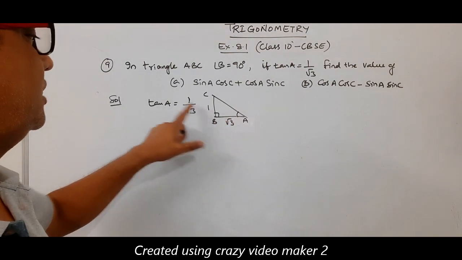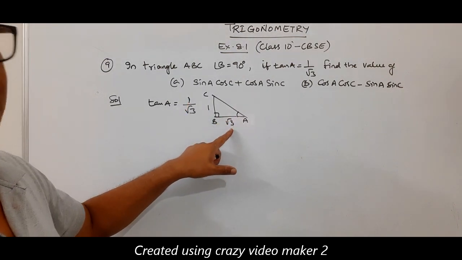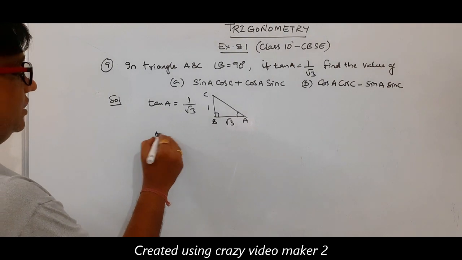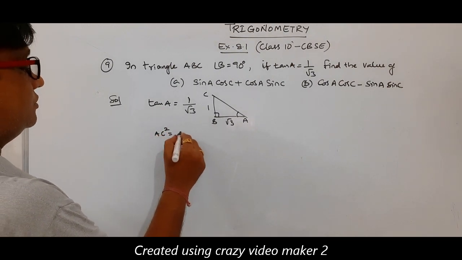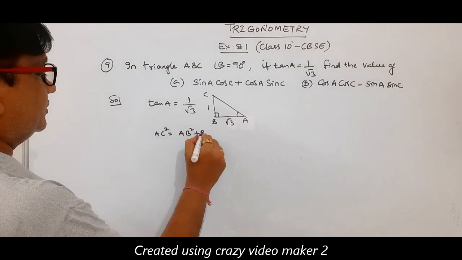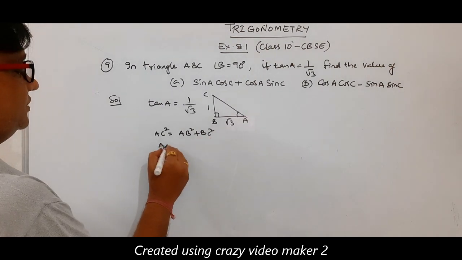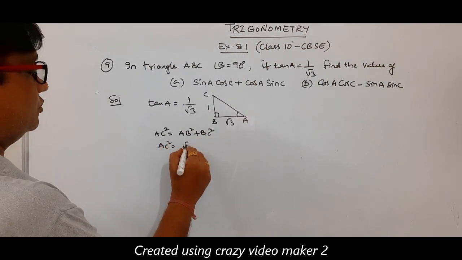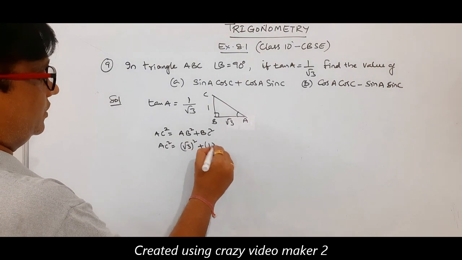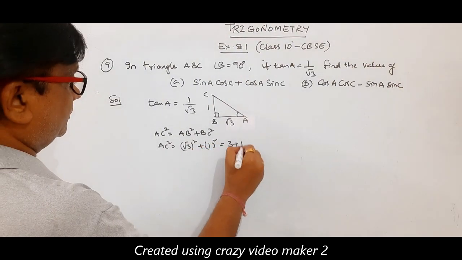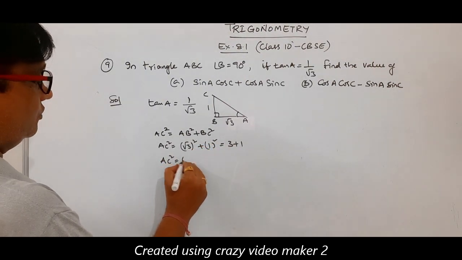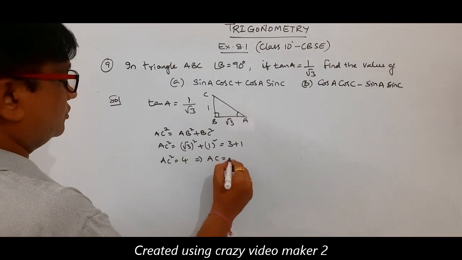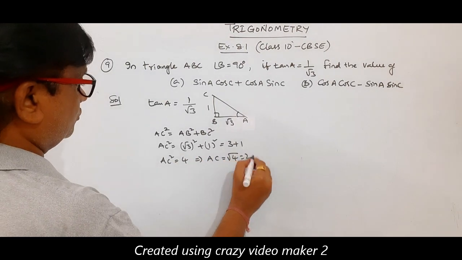We are going to find out AC square. AC square equals AB square plus BC square. So AC square equals root 3 whole square plus 1, that is 3 plus 1. So AC square equals 4, which is AC equals root 4, that is 2. So this part is 2.